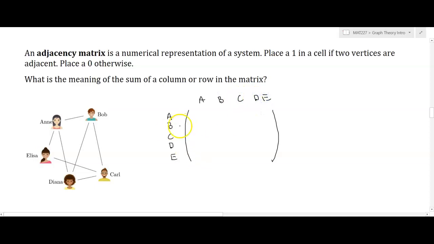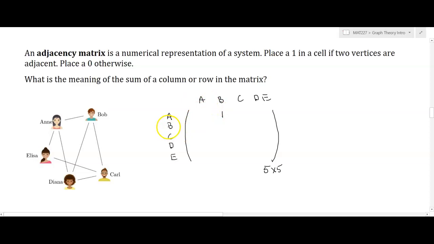So you can see that this has 5 rows and 5 columns, therefore it's a 5 by 5 matrix. It'll have 25 entries on the inside. So we're going to place a 1 in the slot if two people are connected. For example, Anne and Bob are connected, so we'll list a 1 because there's an edge between them.